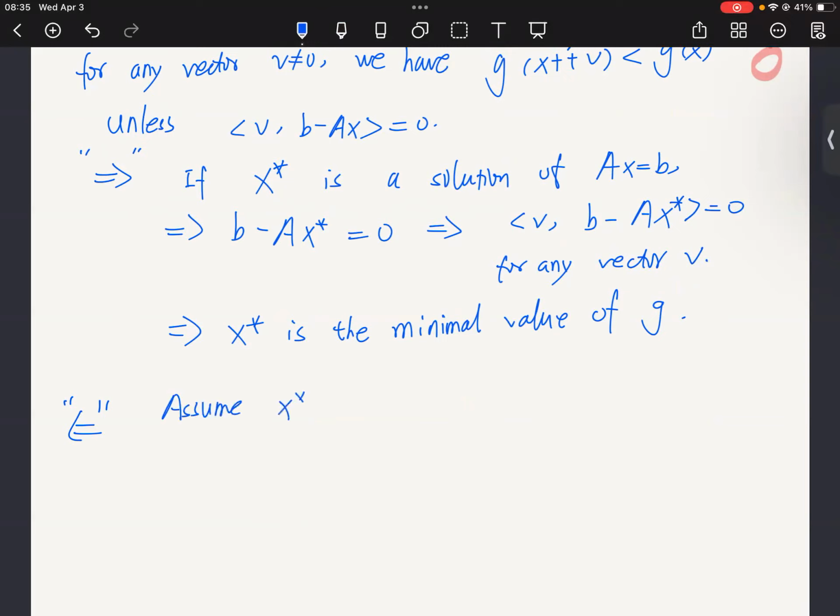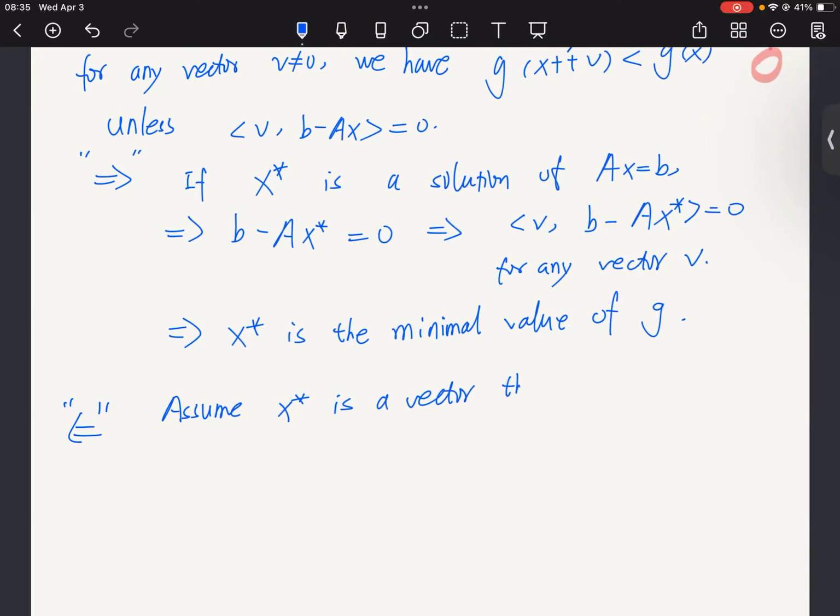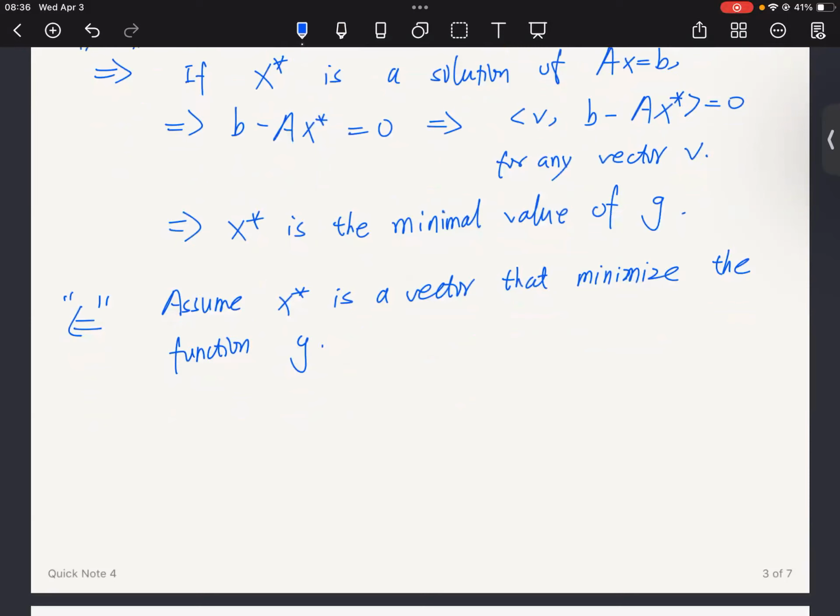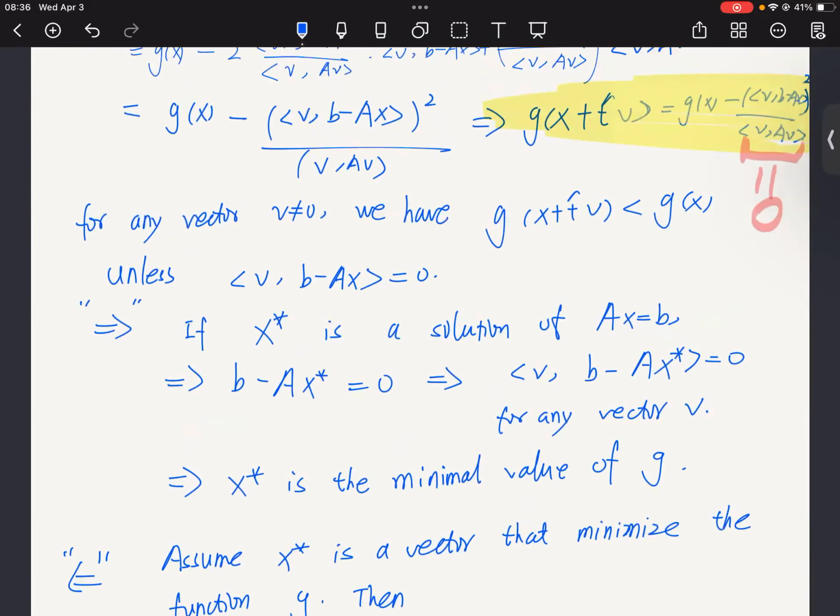Assume X star is a vector that minimizes the function G. And then let's go back to here.